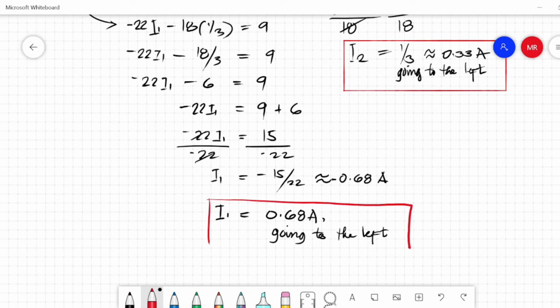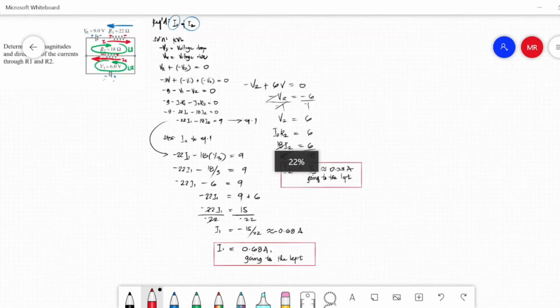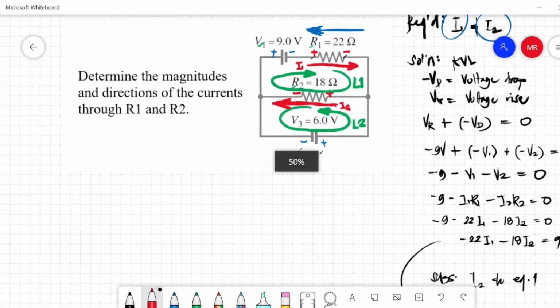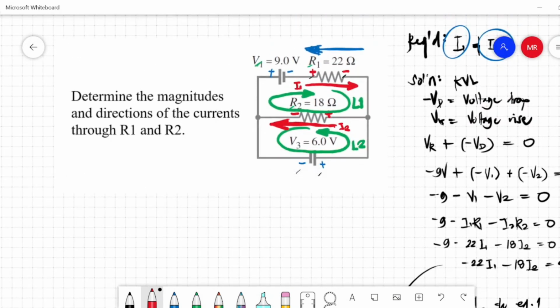So that's how we solve problems using Kirchhoff's laws. I1 is 0.68 amperes going to the left, and I2 is 0.33 amperes also going to the left. Those are the answers for the magnitude and direction of the current flowing through R1 and R2.